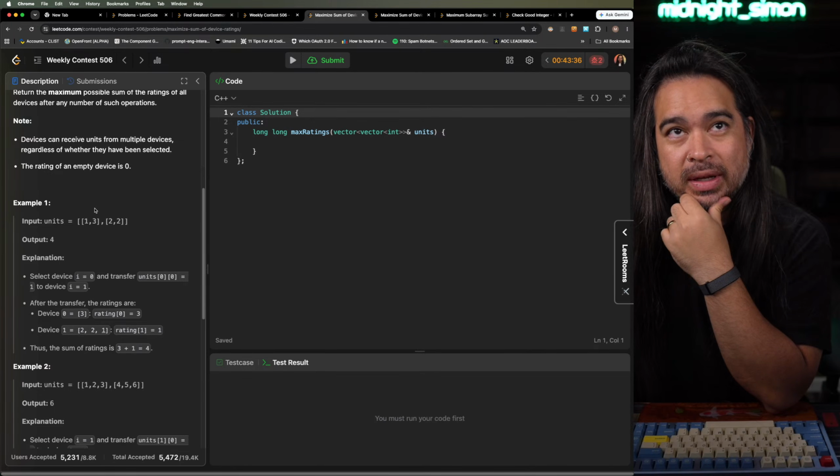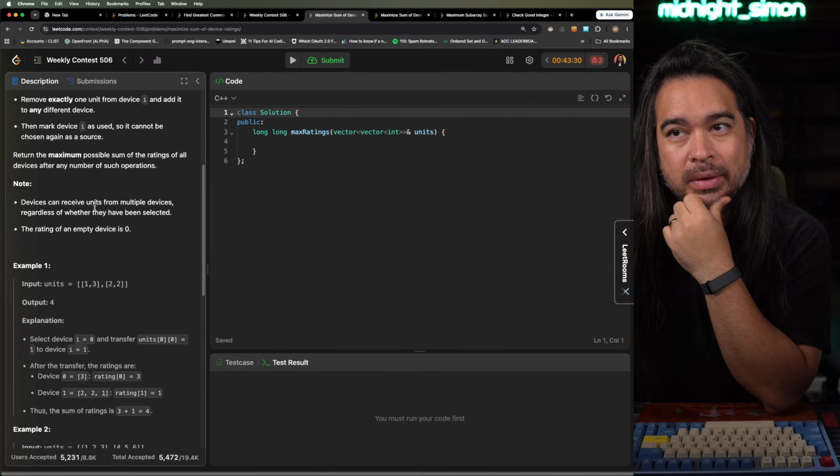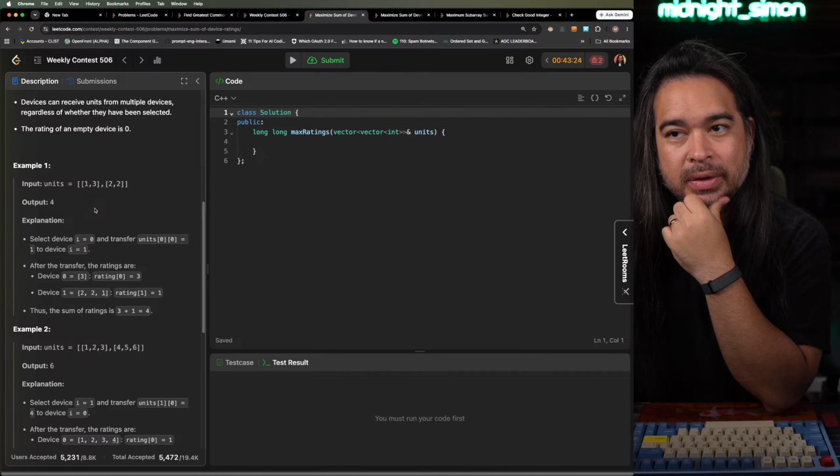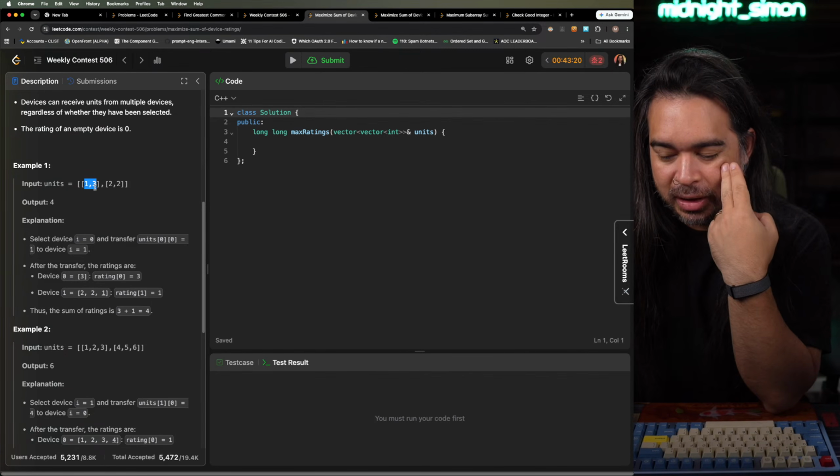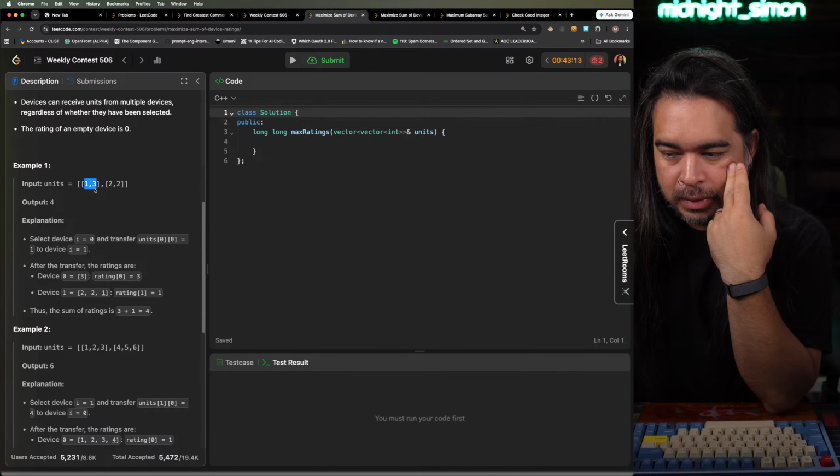Maybe we only care about the two smallest numbers in every row, and that's it.